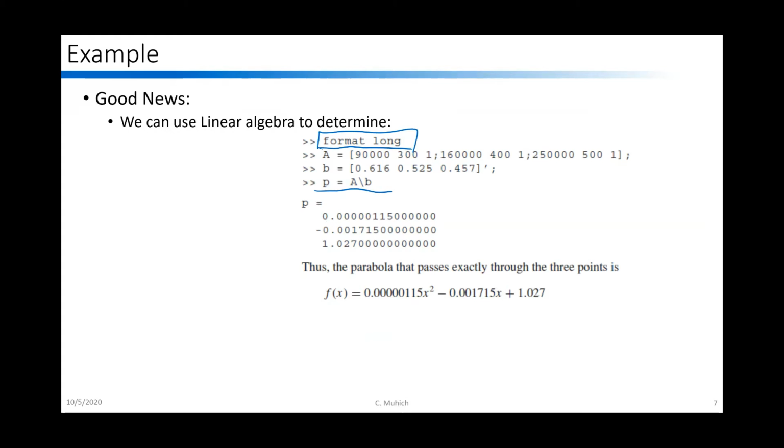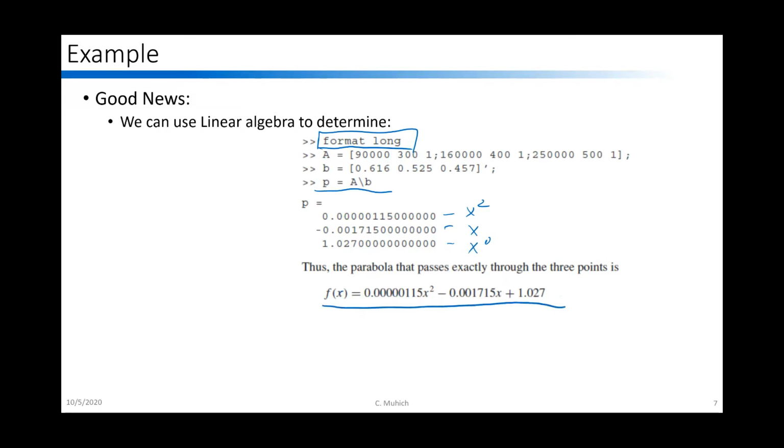So if you do all this out, you get that P1, which is our x squared term, to be 0.000000115. And then we get our associated x term and then our x to the 0th power term. So those 3 points are associated exactly with this parabola defined by this equation.